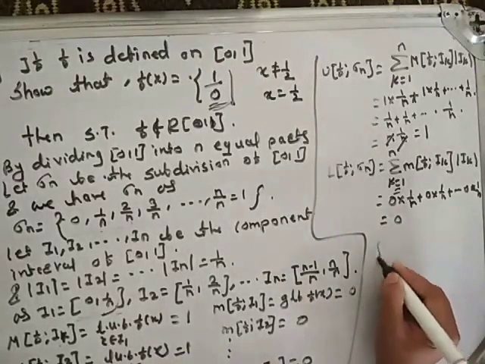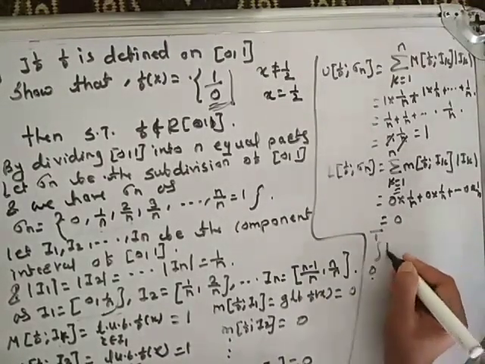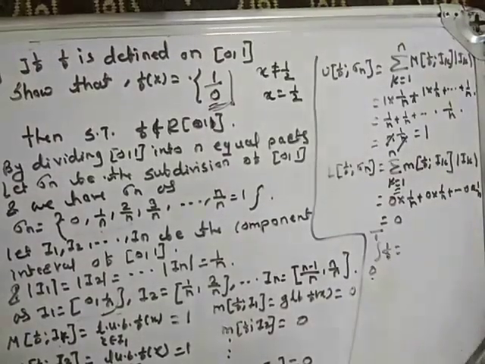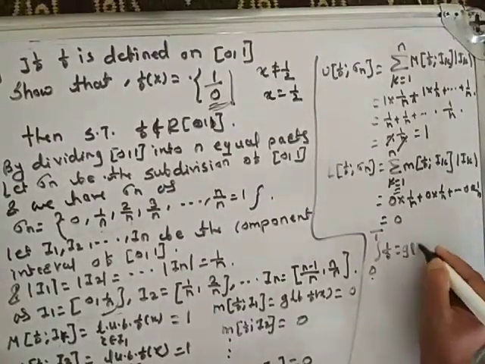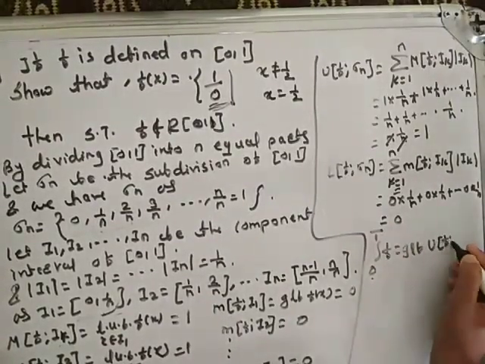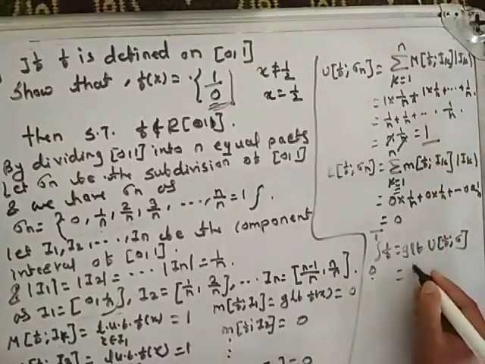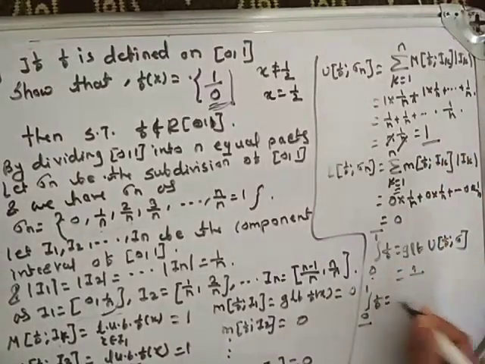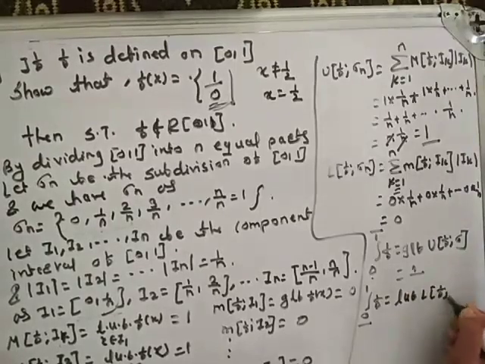Now the upper integral from 0 to 1 of f is equal to the greatest lower bound, or here I will write GLB, of U(f, sigma). Here U(f, sigma) is 1, so its greatest lower bound is 1. The lower integral of f is equal to the least upper bound of L(f, sigma).